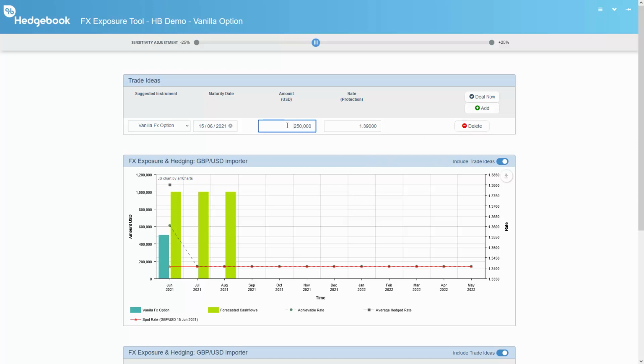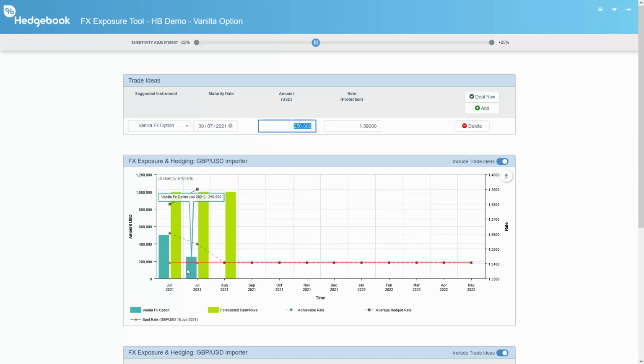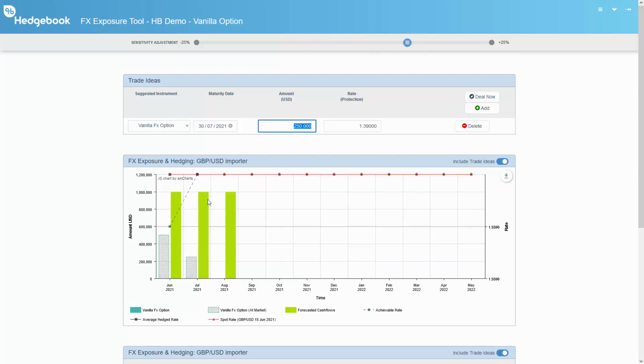Then let me change the date so it's a little bit more obvious. Let me make that July. Then you can see it coming in here. Again, at 134, you would be exercising at the strike of 139, but if the market was somewhat higher, then you'd be doing it at market rates.